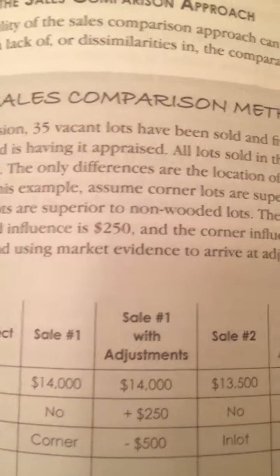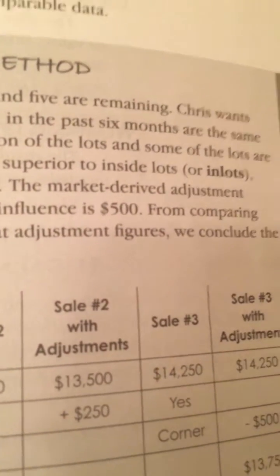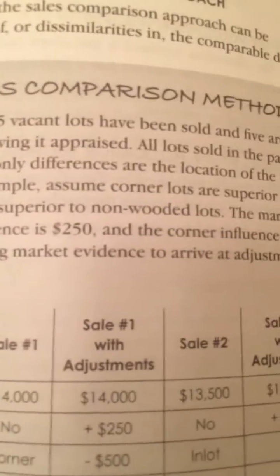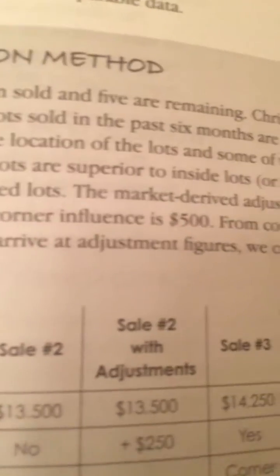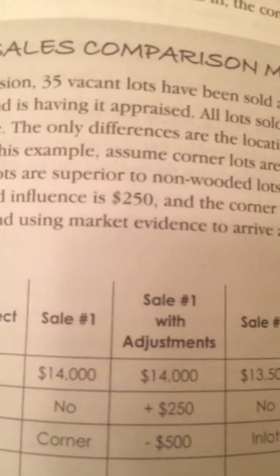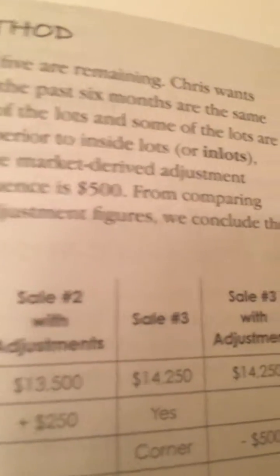For this example, assume corner lots are superior to inside lots or in-lots, and wooded lots are superior to non-wooded lots. The market-derived adjustment for the wooded influence is $250, and the corner influence is $500.